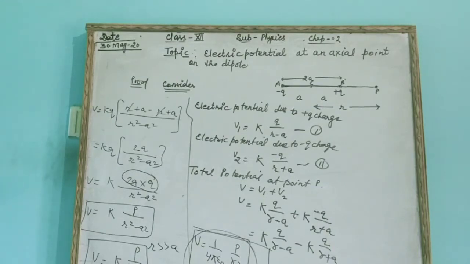It is completed. Question number 4, page number 2.3: show mathematically that the potential at a point on the equatorial line of a dipole is 0. We have to prove that the potential at an equatorial point will be 0.